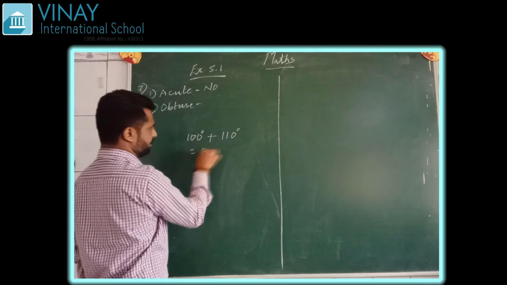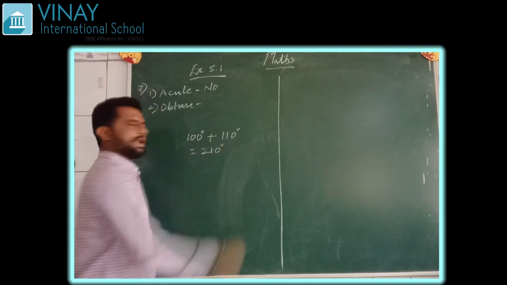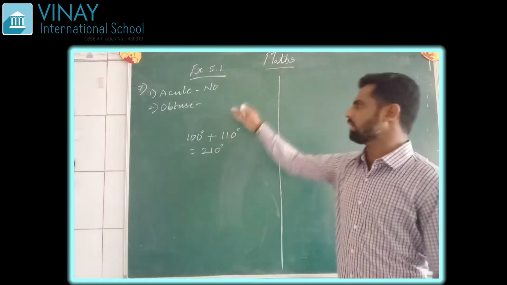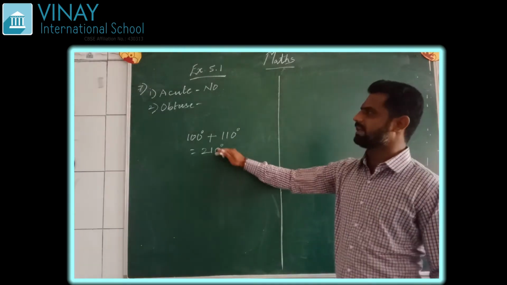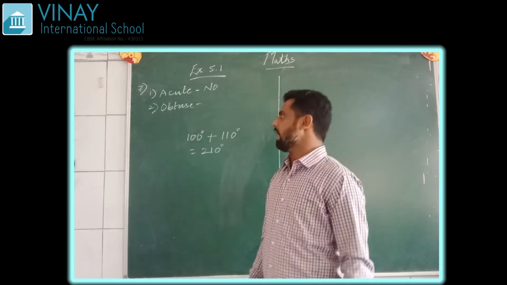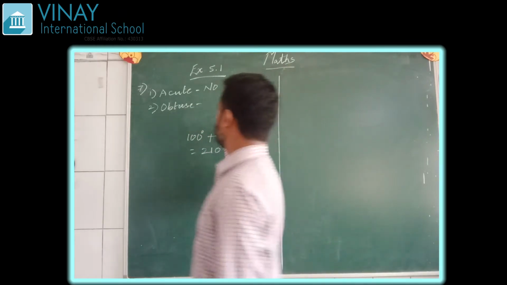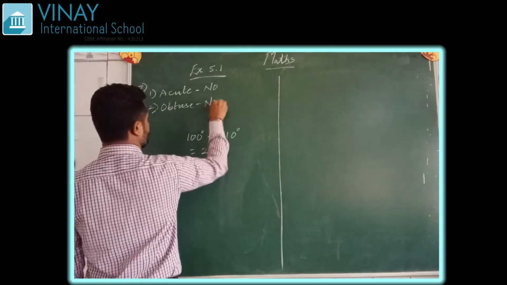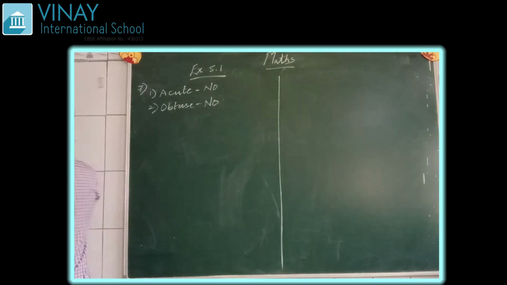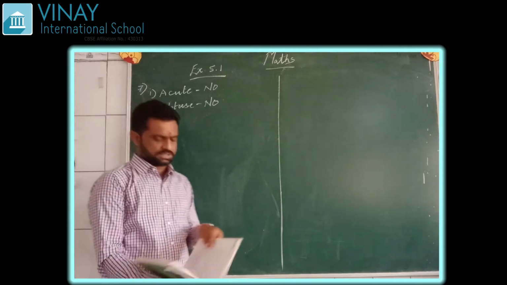If we add them, it will become 210 degrees, which is not 180 but more than 180. So we can say that if two angles are obtuse angles, then they cannot be supplementary. So no, it is not possible for supplementary angles if both the angles are obtuse.